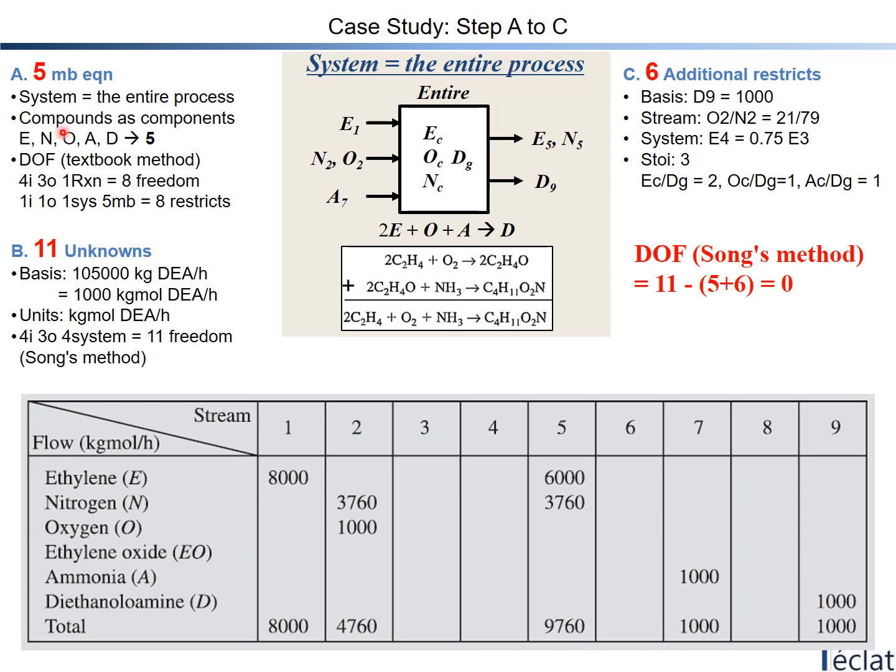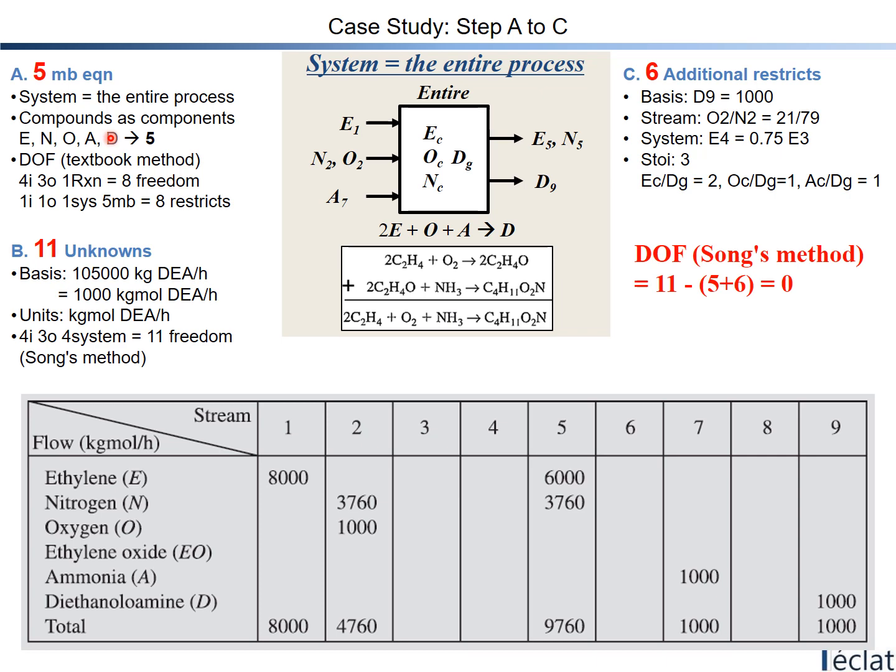So what are the compounds here? Ethylene, nitrogen, oxygen, ammonia, and DEA. So we have 5 components for the material balance equations. So it means 5 material balance equations are available.